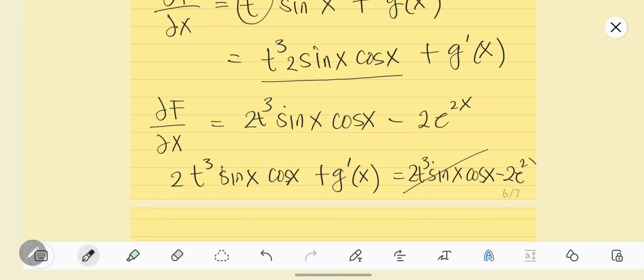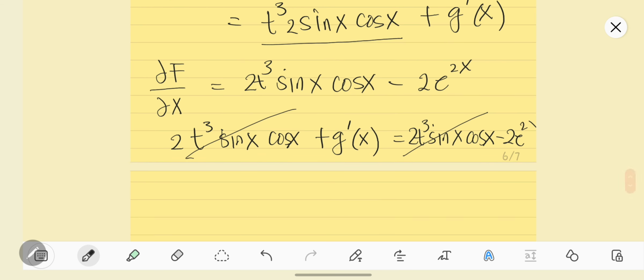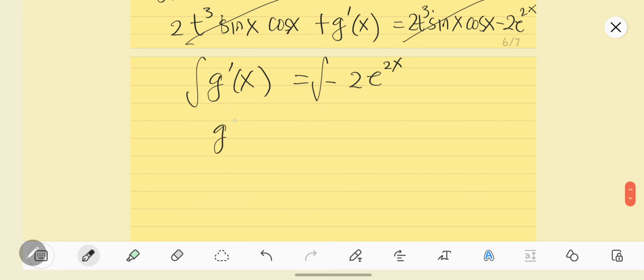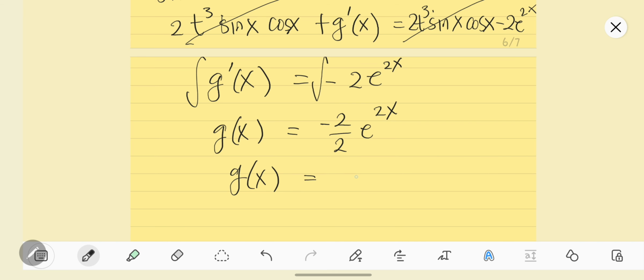Now we can cancel this out. So now g prime of x is equal to negative 2e to the 2x. Now integrating that, g of x is equal to negative 2 over 2 e to the 2x, which is g of x is equal to negative e to the 2x.